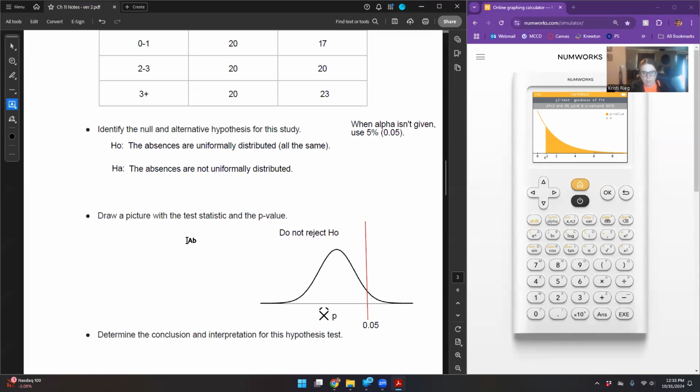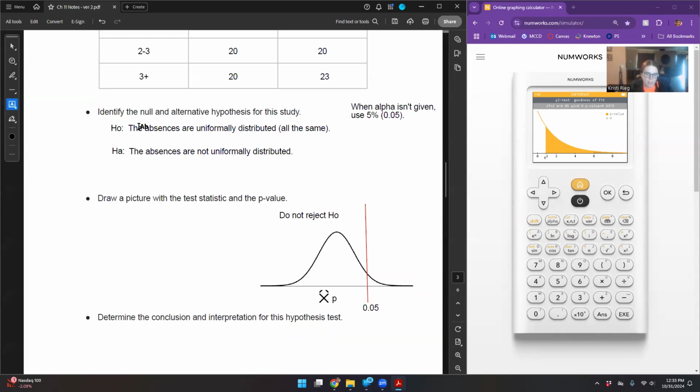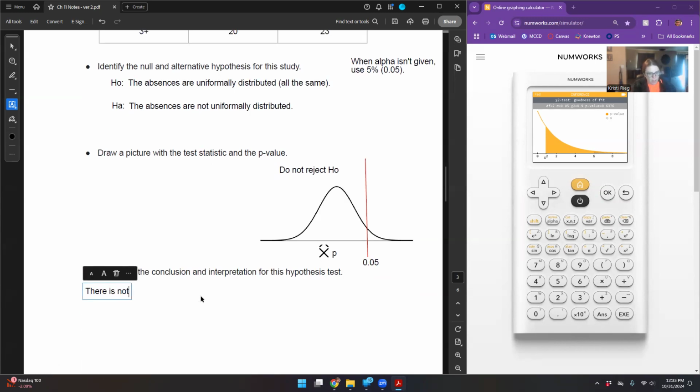Okay, so how do we write that here? It's slightly different because the wording here is different, but it starts off the same. So there is not sufficient evidence, is not, do not reject, is there's not sufficient evidence to support the claim that, and then what is the claim?